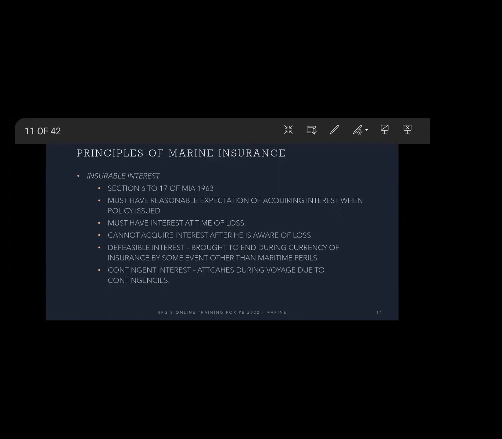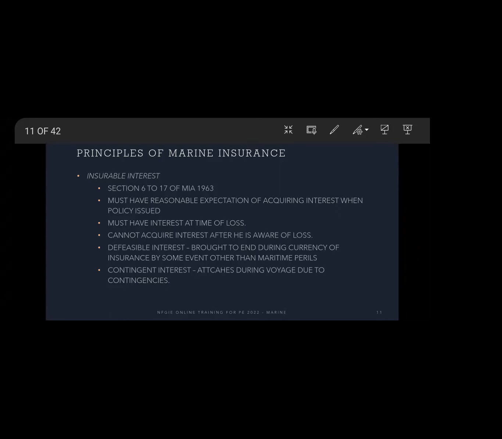An example of contingent interest is, for example, goods sold on FOB basis. FOB basis means once the cargo is loaded onto the ship, the insurable interest of the seller ceases and the insurable interest is shifted to the buyer. But what happens is, during the course of the transit, the buyer notices that there is some breach that has occurred and he does not want to take the delivery of the goods.